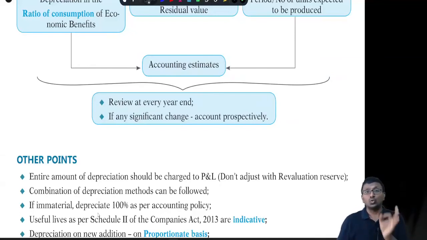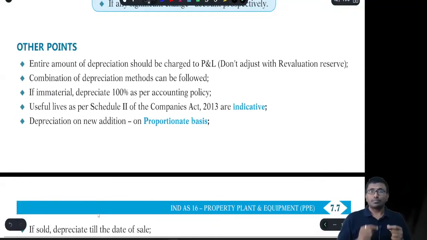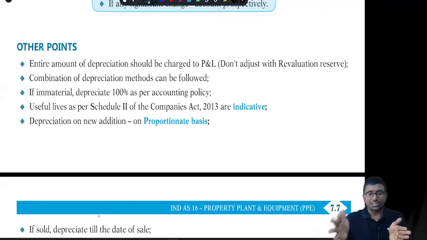They can do so as an accounting policy considering the materiality concept. Next, depreciation: whichever day the asset is ready to use, from that day depreciation will start. Not put to use, but ready to use, then depreciation starts.